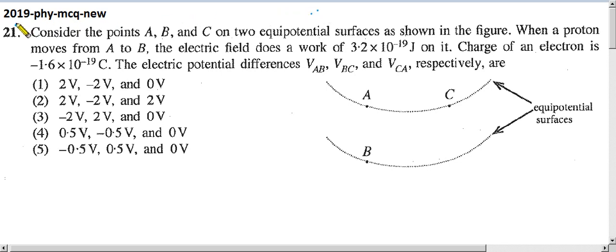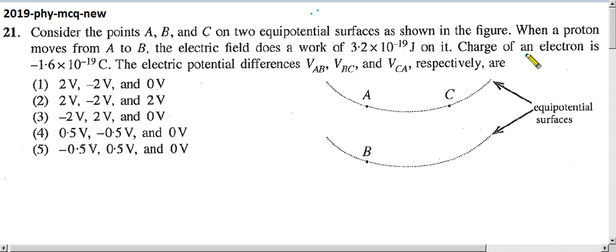Today I am going to discuss question number 21 of 2019 Physics MCQ new syllabus paper. Consider the points A, B and C on two equipotential surfaces as shown in the figure. When a proton moves from A to B, the electric field does a work of 3.2 times 10 power minus 19 joule on it.